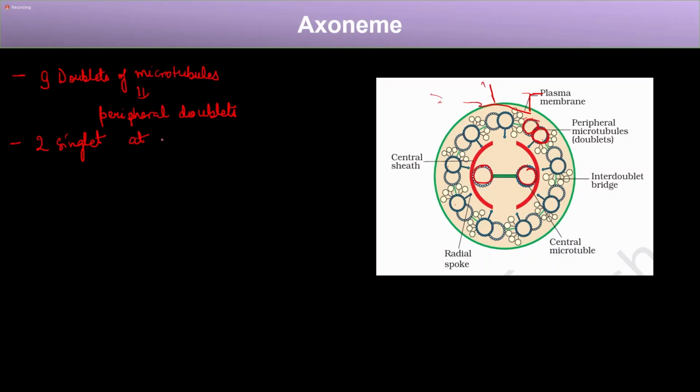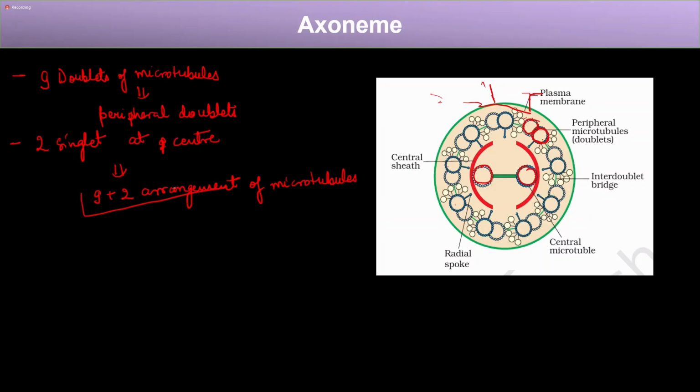So two singlets are present at the center. Because of this, this arrangement is called the 9 plus 2 arrangement of microtubules. So if someone asks, what is the arrangement of microtubules in axoneme? It's 9 plus 2 arrangement.